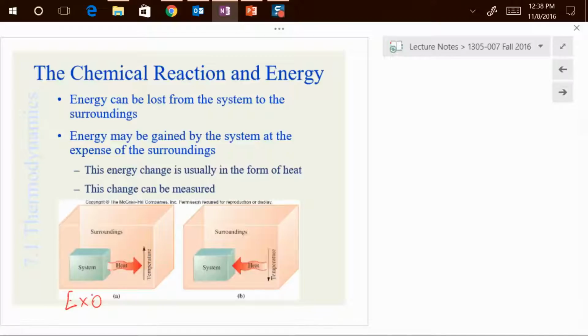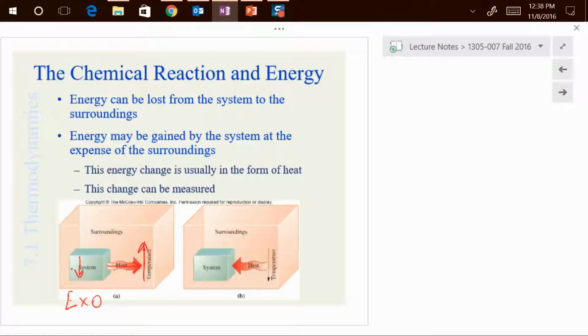Is it increasing or decreasing? If energy is going out of it and causing this to increase, then the system energy is decreasing. The temperature of the system would be decreasing, whereas the temperature of the surroundings would be increasing by the exact same amount. So if this decreased by 5 joules of energy, this would increase by 5 joules of energy. And vice versa.